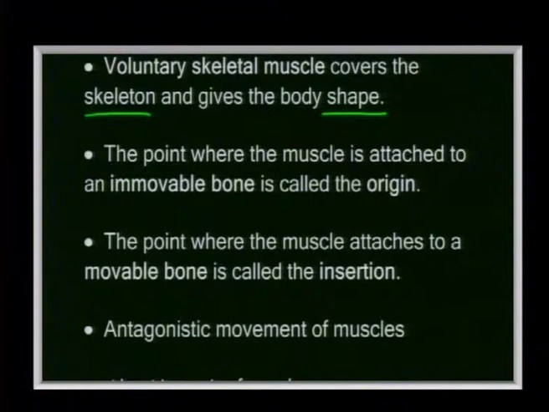The point where the muscle is attached to an immovable bone is called the origin. The point where a muscle attaches to a movable bone is called the insertion. The bone that is immovable is the one that's not going to move in the action that you want to perform. So where it doesn't move is the origin.